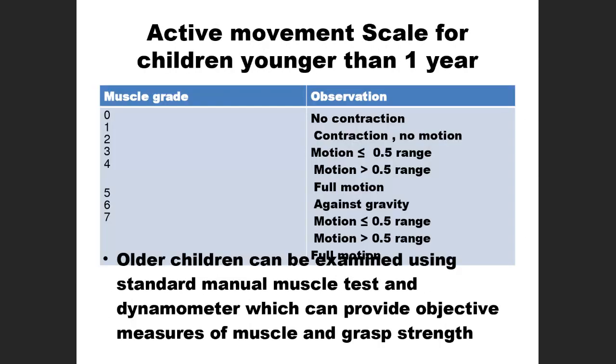So you have to collect muscle strength and related information. Rather than using our traditional MMT, in pediatrics you can use the Active Movement Scale for children who are younger than 1 year to mark the muscle actions.